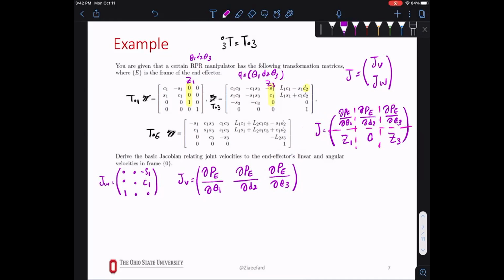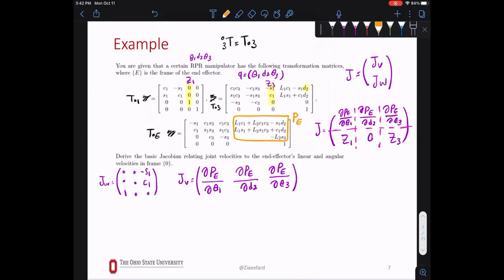Now, how do we do this? How do we find PE to get the partial derivative with respect to the respective joint variables? Do I have enough information to find the position of the end effector? Raise your hand if you think the answer is no. All right, so how do I find PE? Pick the first column of P 0 E, yes. So this guy is the position of your end effector.